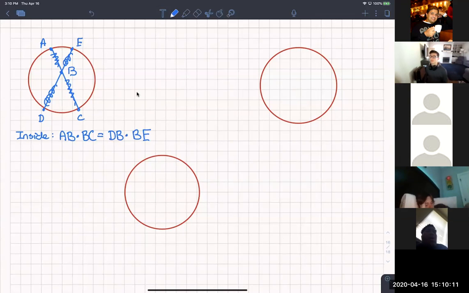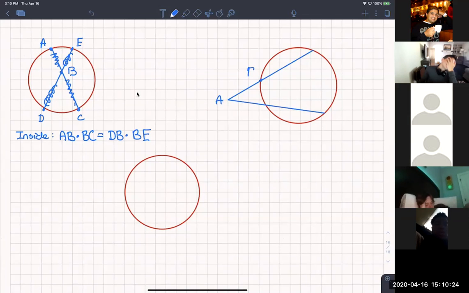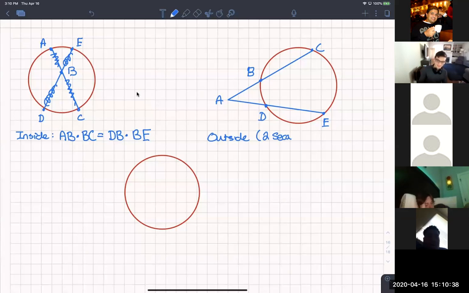Now, outside, if we have two secants, so outside two secants, it's piece to the circle times the entire piece equals piece to the circle times the entire piece.